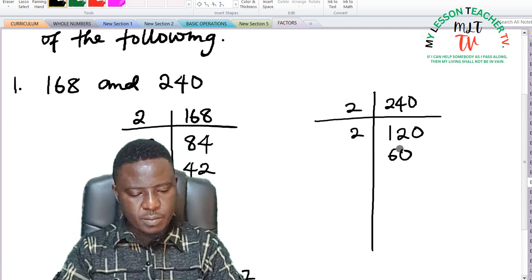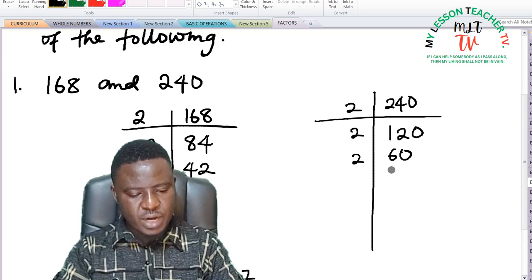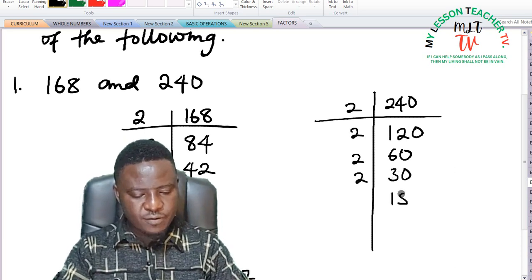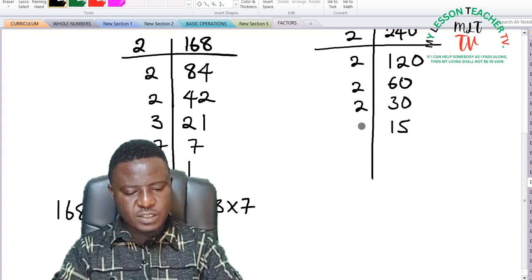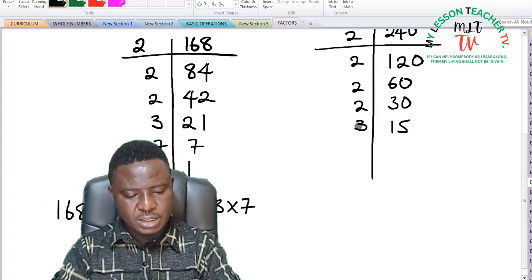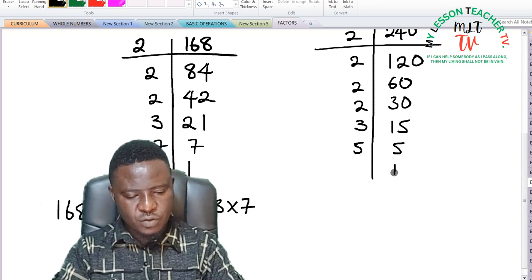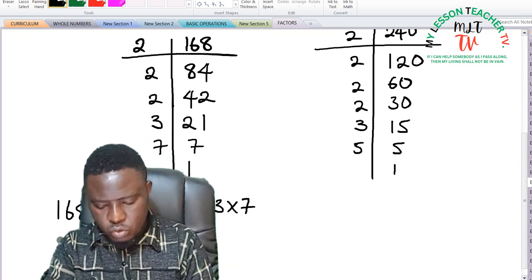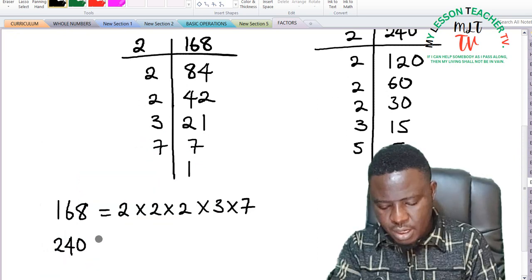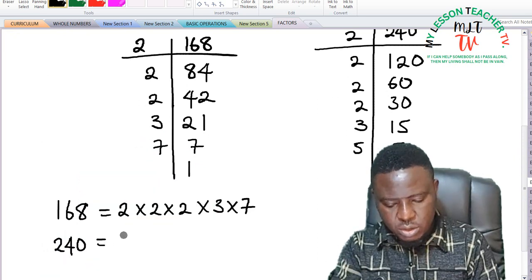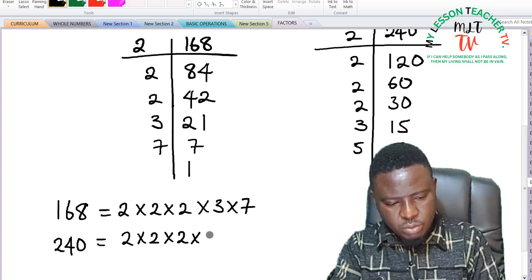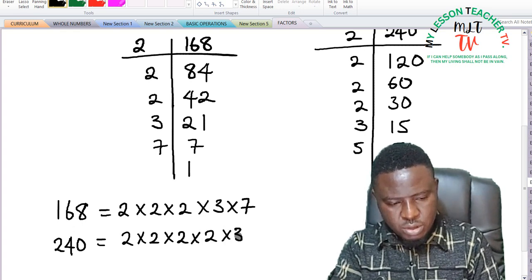This is 60. 2 can still divide, which is 30. 2 can still divide, which is 15. 2 cannot divide 15, so we therefore use the next, which is 3. 3 into 15 is 5, and 5 into itself is 1. So 240 can be expressed as 2 times 2 times 2 times 2 times 3 times 5.